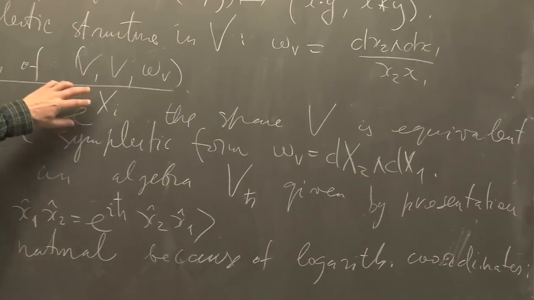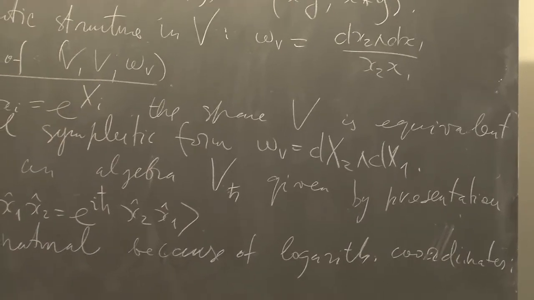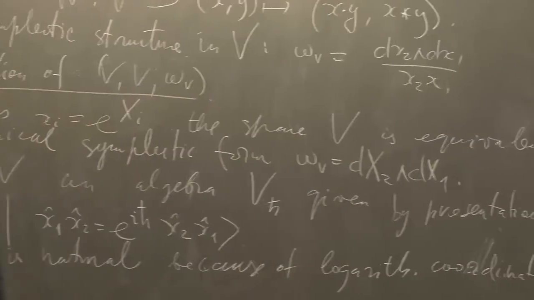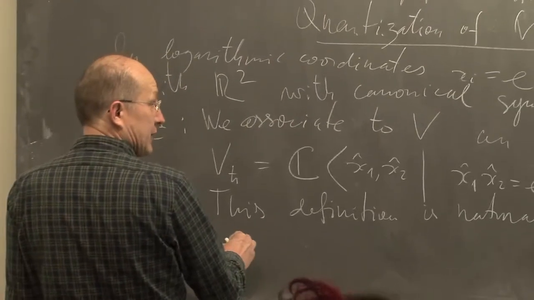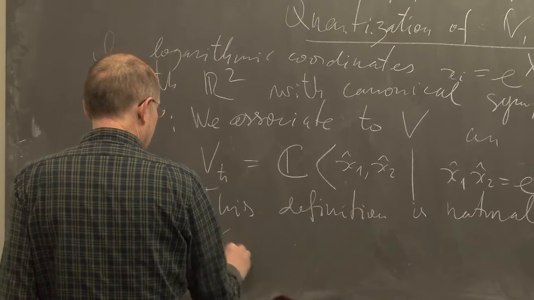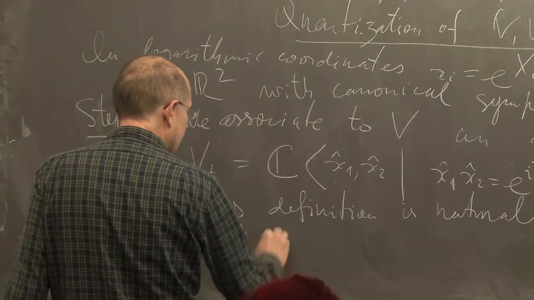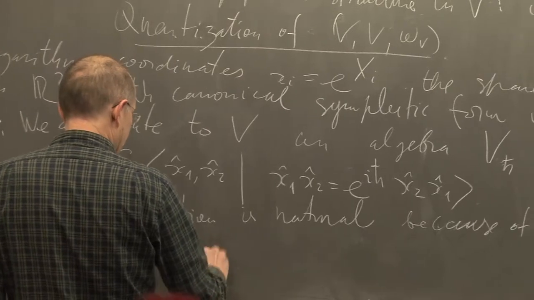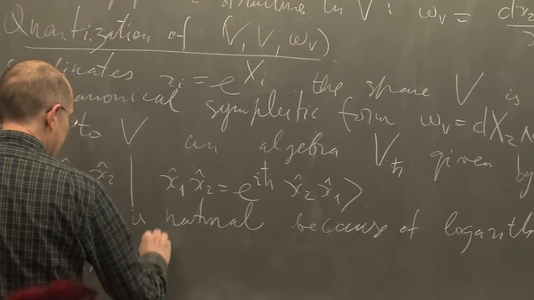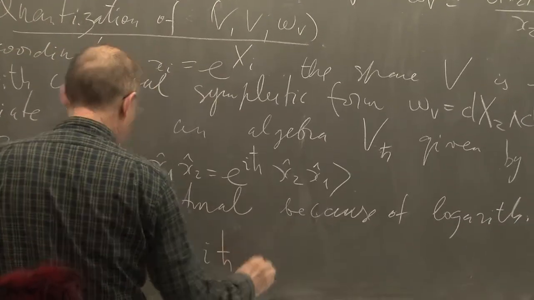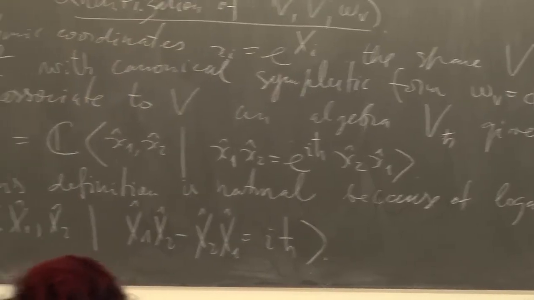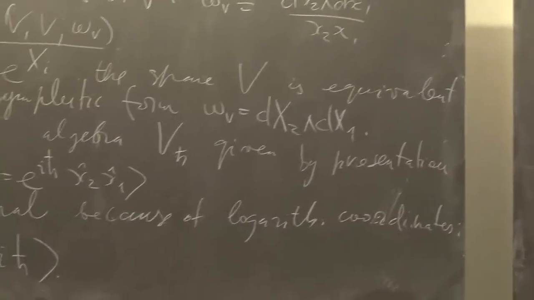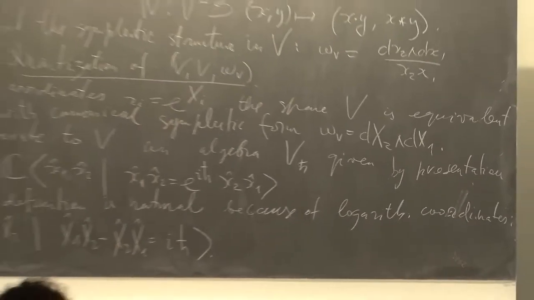Because if we start with logarithmic coordinates instead of little x_i's, then we have a canonical symplectic form, and then we discussed the canonical quantization of it, which was the complex algebra generated by X1 hat, X2 hat, with the Heisenberg commutation relation: X1 hat X2 hat minus X2 hat X1 hat equals i h bar. So that was the canonical quantization of R2 with that form. We verified the conditions imposed on the first step.